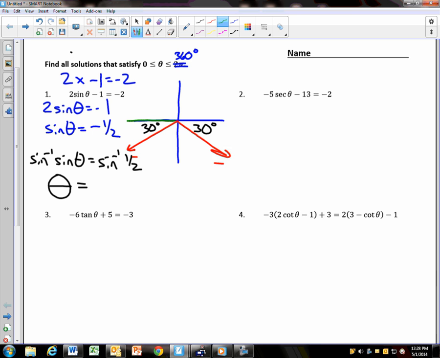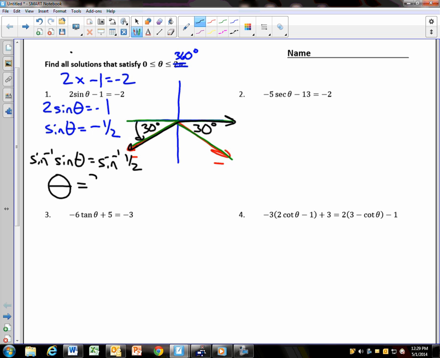This angle here, this angle there. Okay? But what I actually want to know is the measure of that angle. How would I find the measure of that angle? I take 180 and I add 30 to it. Very good.